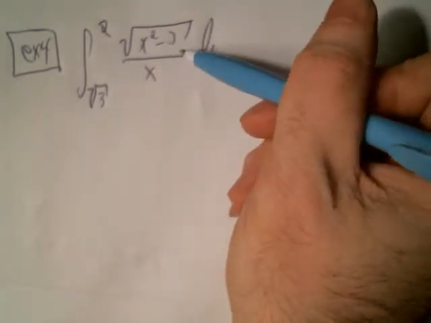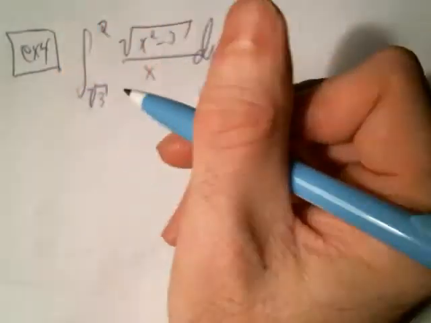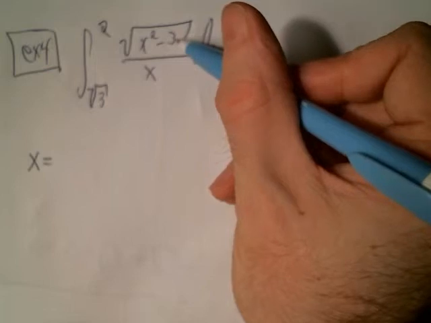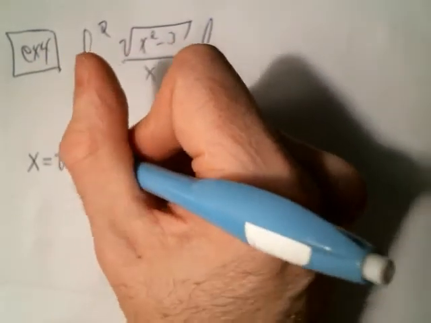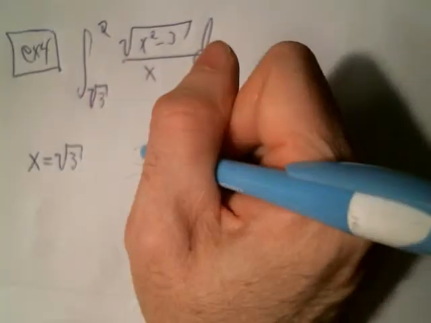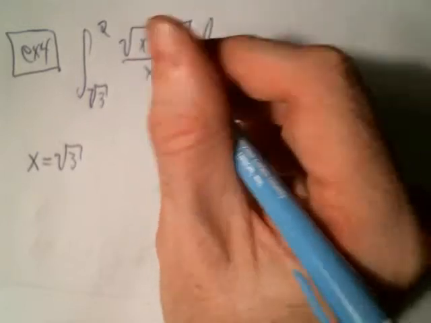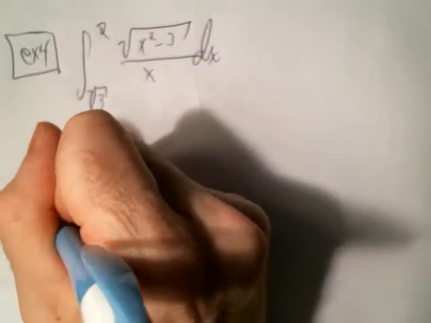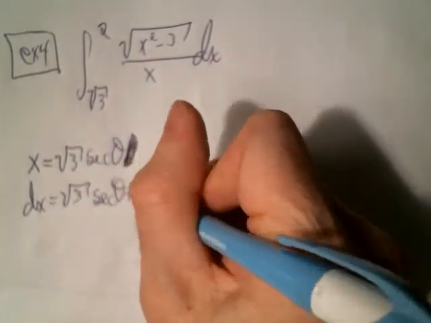Okay, so the form this time is a secant inverse. This is u squared, so u is x, and then the a squared is 3, so a is actually root 3. So x is equal to root 3 secant theta, it's not sine sub, it's secant, right? Then I need my information, so dx is root 3 times secant theta tan theta d theta.